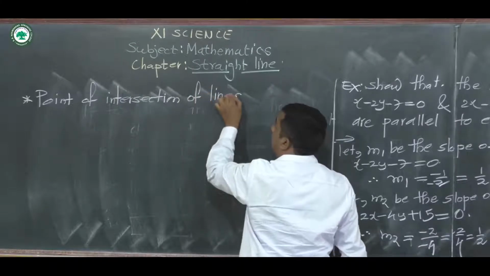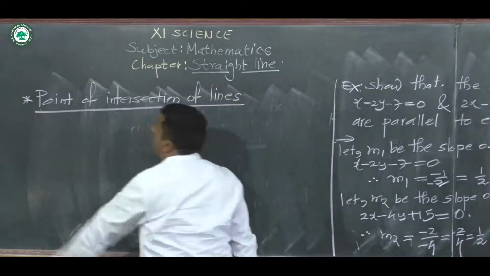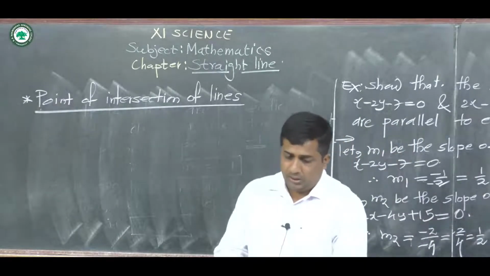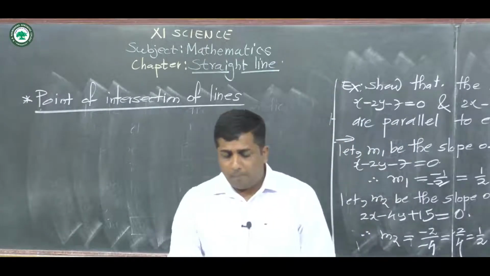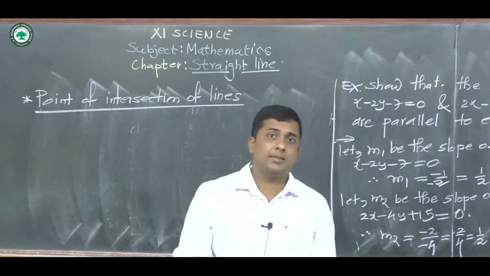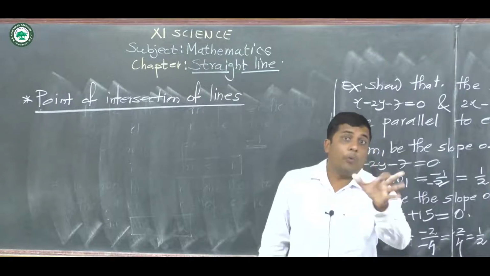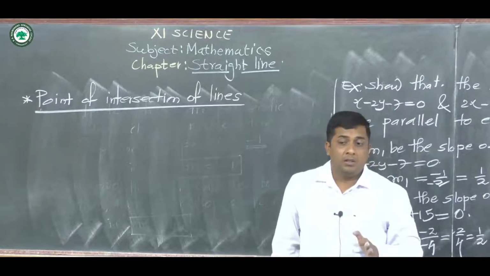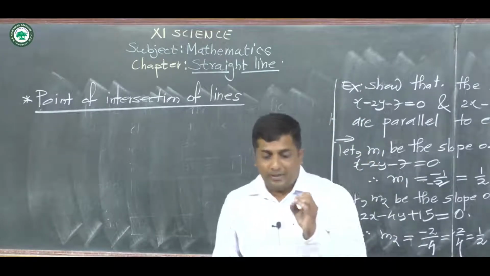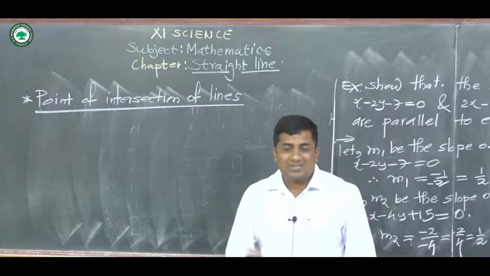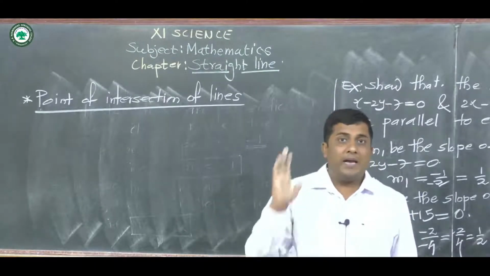Again, very interesting part it is. Here the coordinates of the point of intersection of lines can be obtained by solving their equations. Remember, the coordinates of the point of intersection of lines can be obtained by solving their equations.